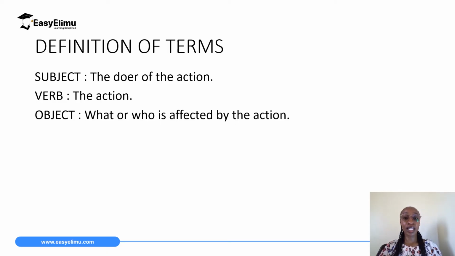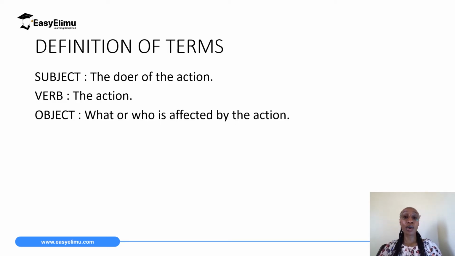In that sentence, Susan is the subject. A verb is the action. So in our sentence, Susan walks to school, walks is the action, it's the verb. The action that's done by the subject, which is Susan. Susan is the subject, walks is the verb.